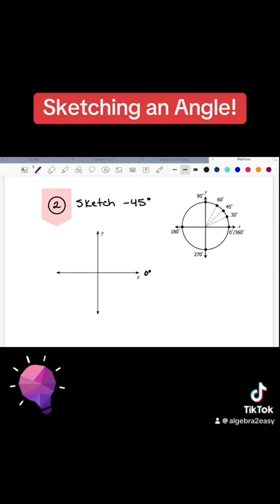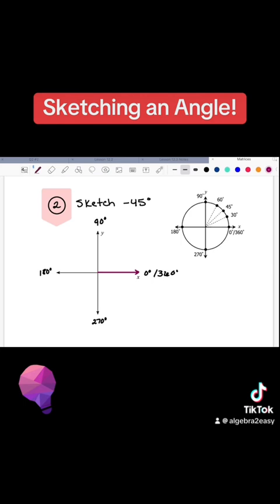I'm going to go ahead and label these real quick to just kind of give us a reminder of our quadrantals. All right, and we need to sketch negative 45. Let's start by sketching the initial side. No matter what type of angle you have, the initial side never changes.